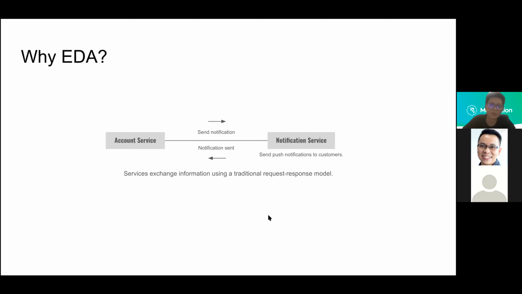So what needs to happen is the account service needs to send a request to the notification service to inform it to send a notification to the customer. Once the notification service sends a message to the customer, it will return a response to the account service to acknowledge that the operation has been completed successfully.